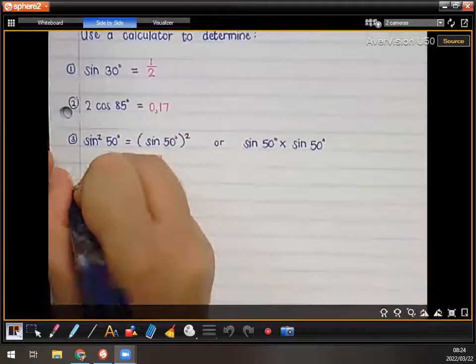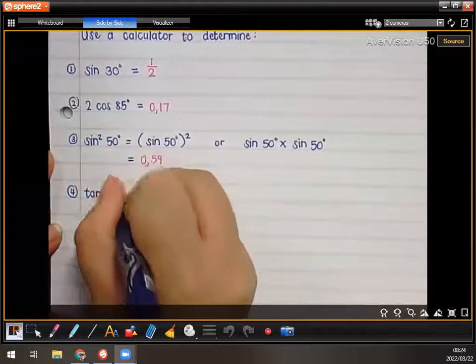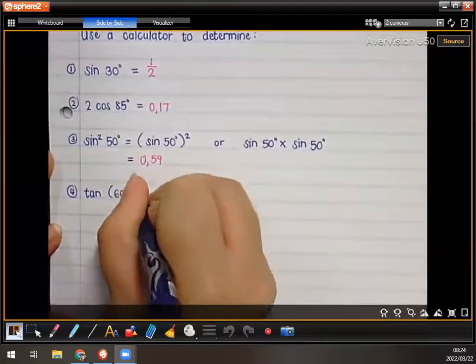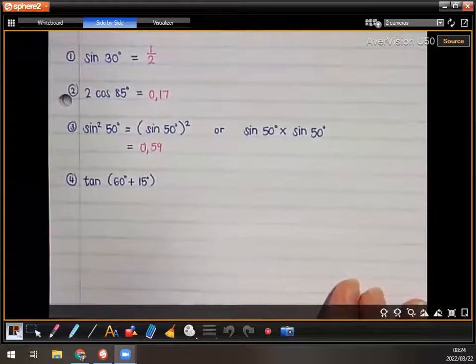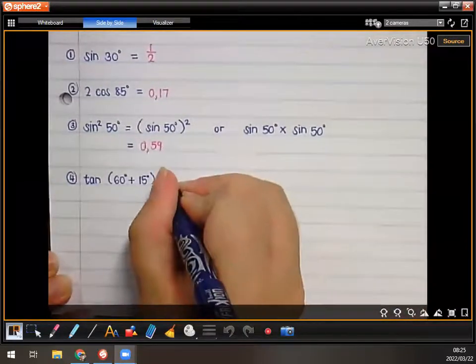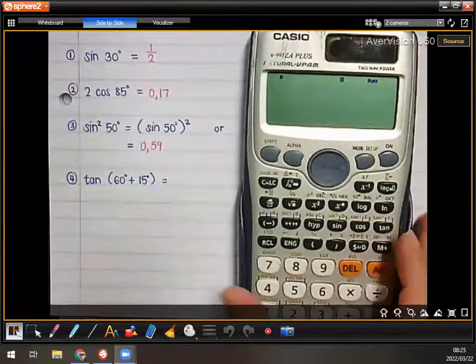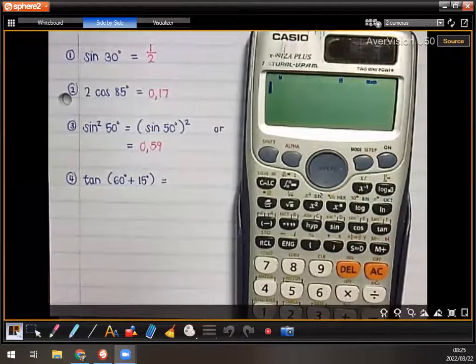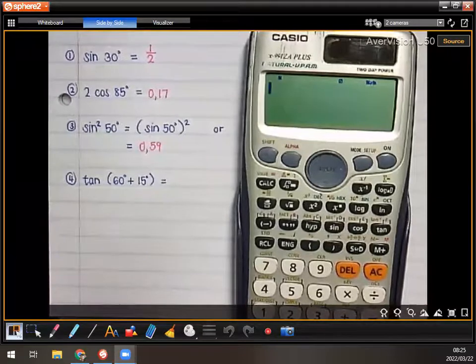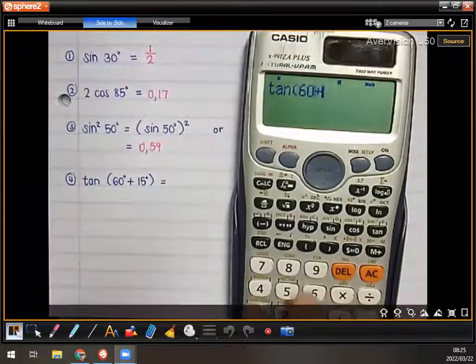Okay, number 4. Tan of 60 plus 15, so tan, the bracket is there automatically, 60 plus 15.